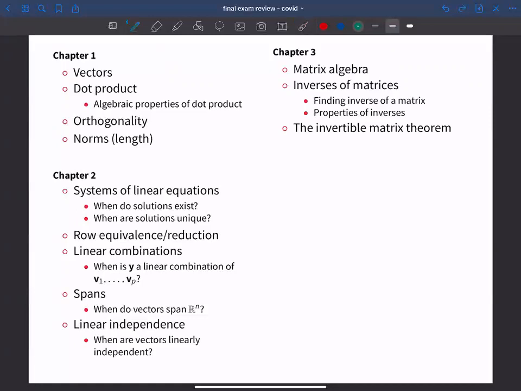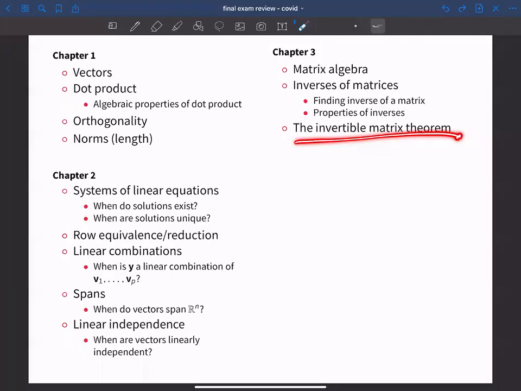Then we have the big invertible matrix theorem. Remember, it was this huge theorem with many parts, and all of these parts give you ways to determine whether a square matrix is invertible or not.